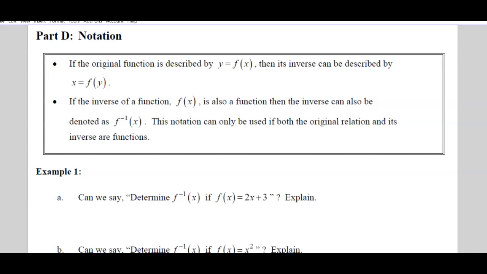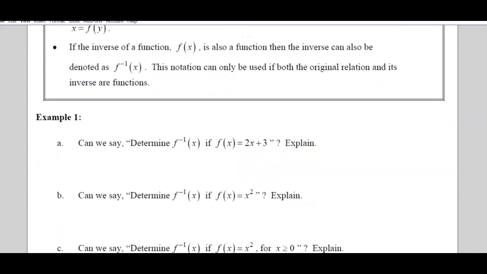And that's what this is here. So is this correct language here? Determine f inverse of x given this function. Well, that was the first one that you did. A line, right? So what line is the only exception to getting a function in the inverse?